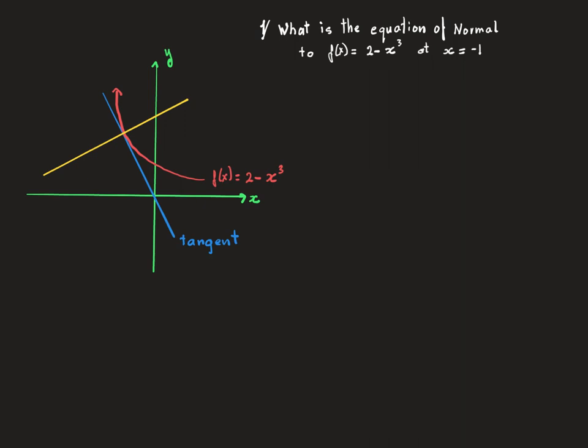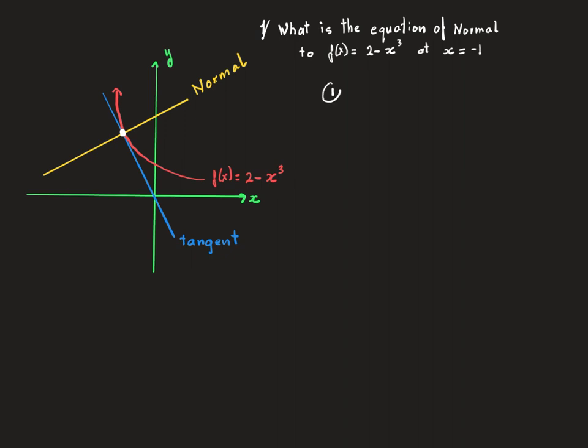The blue line here indicates the tangent, and there is a yellow line, and this is the normal that we're concerned with. So to find the equation of the normal, we will need to find the coordinate of the point, this point here in white.